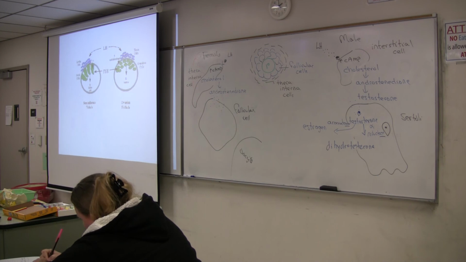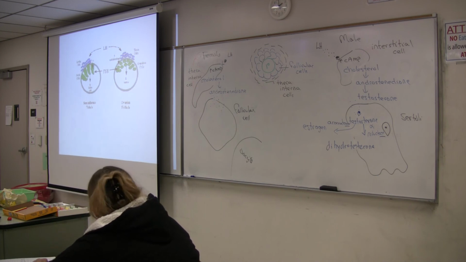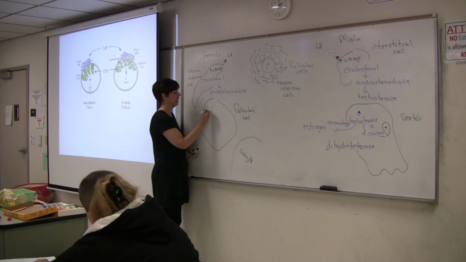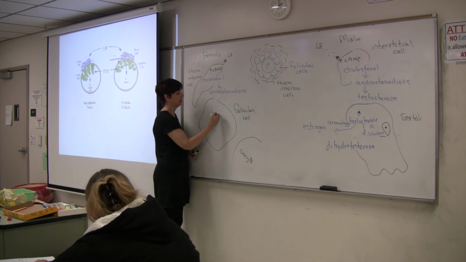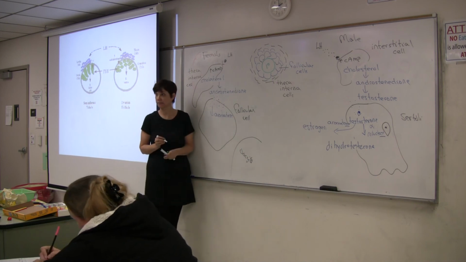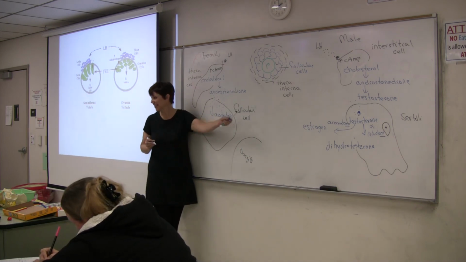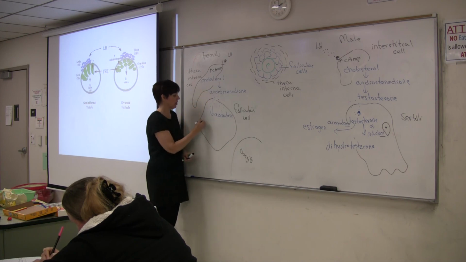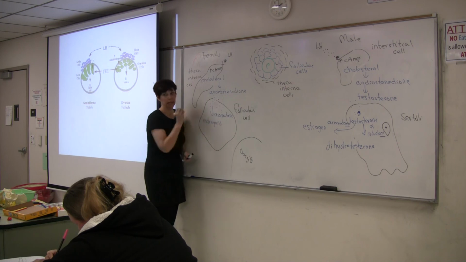So because it's lipid based, it also will cross the plasma membrane of the follicular cells easily. And in the follicular cells, the enzyme aromatase, just like the male, but more of it, is going to convert the androstenedione into estrogens.